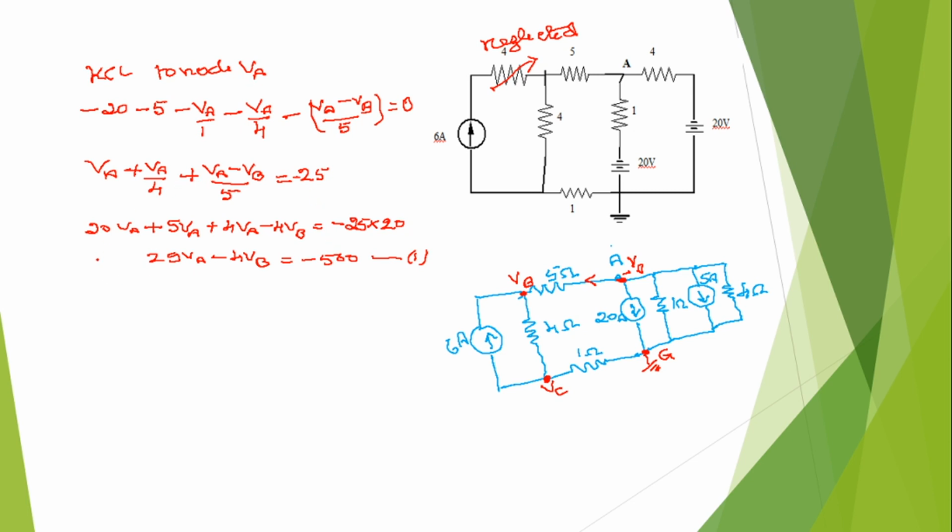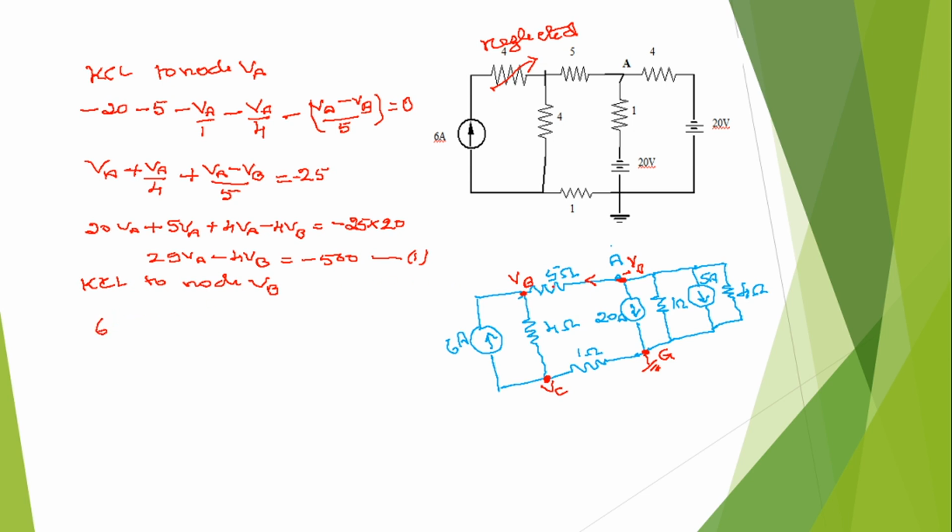Now what is the next step? Apply KCL to node VB. While applying KCL to node VB, which are the elements connected to node VB? These 3 elements: 5 ohm resistor, 4 ohm resistance, and a current source. So this current source is incoming to the node VB, so it is plus 6.